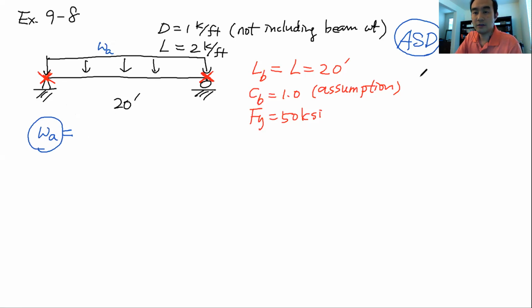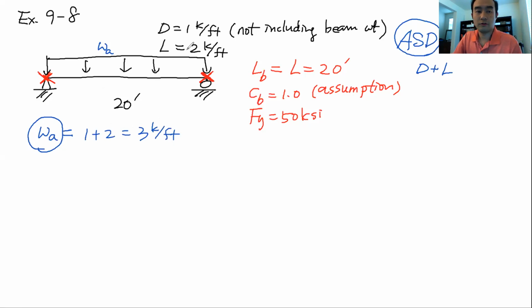Since ASD, the load combination is simply D plus L. There's no factor. For LRFD, of course, we have 1.2 and 1.6, those factors, and instead of w_a, we calculate w_u, the factored intensity. But in this case, it is going to be w_a, which is D plus L. So 1 plus 2 is going to be 3. So 3 kips per foot is going to be our intensity.